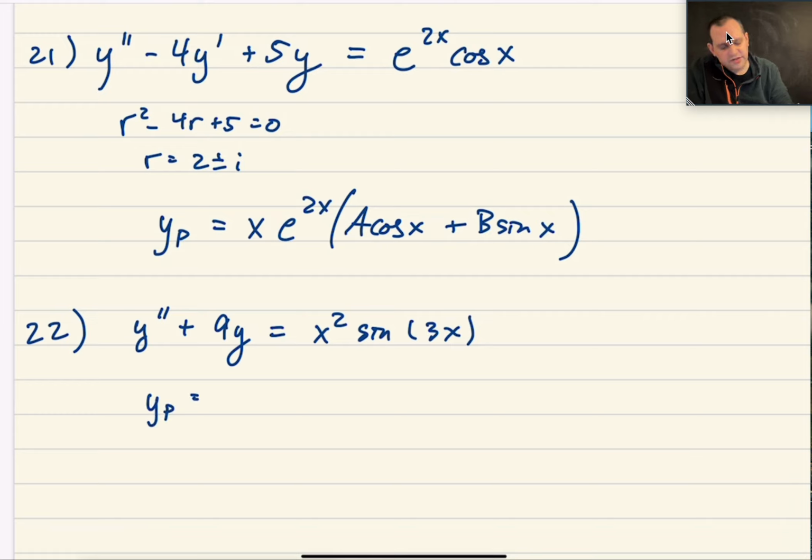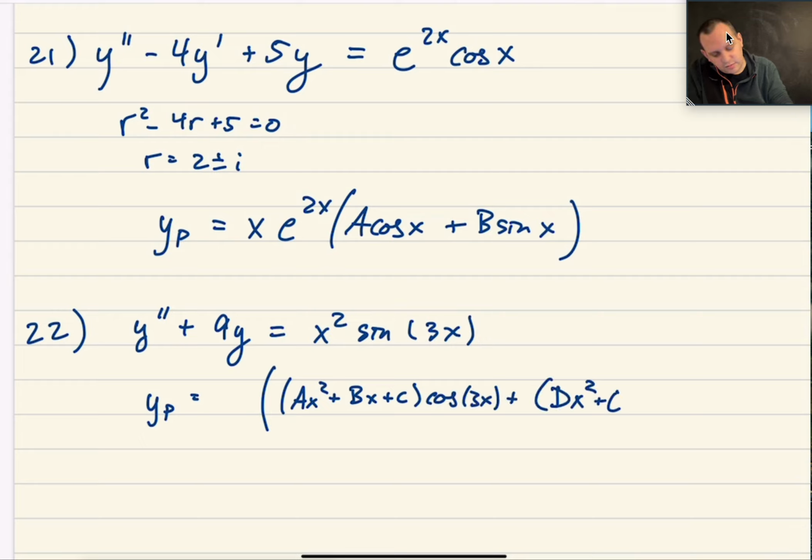let's see. So notice that sine of 3x appears in the complementary solution because plus or minus 3i are your solutions to the characteristic equation. And so your particular solution is going to end up being ax squared plus bx plus c cosine of 3x plus dx squared plus ex plus f sine of 3x.